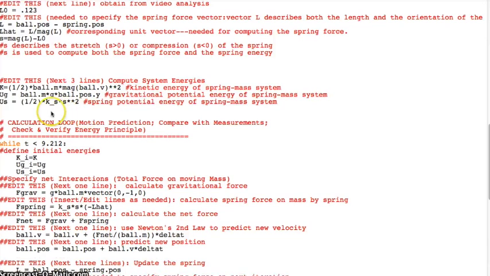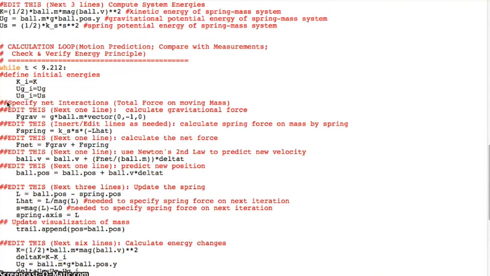Here we find K, or the kinetic energy, and then the gravitational potential energy and the spring potential energy. This is where it is constantly updated while t is less than 9.212, which is exactly the final length of the video that we use.